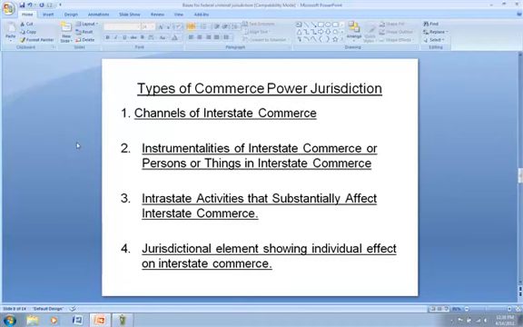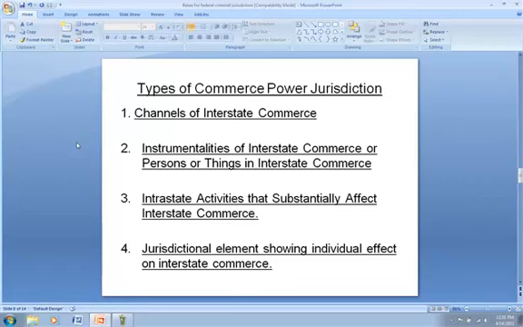An instrumentality of interstate commerce is something that can carry you or your words or expressions across state lines. So an instrumentality would include a car or an airplane or a train, but also a telephone, if the telephone carries signals across state lines, a computer that's hooked up to the internet, etc. Those all count as instrumentalities of interstate commerce, and Congress has the power to regulate those, and so it can create federal crimes relating to instrumentalities or persons or things in interstate commerce.